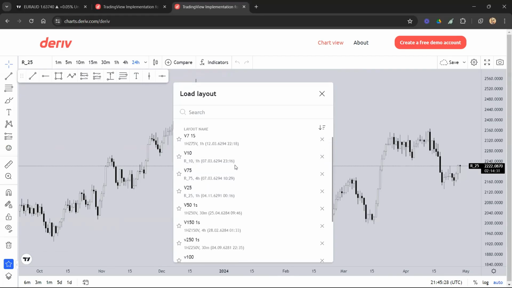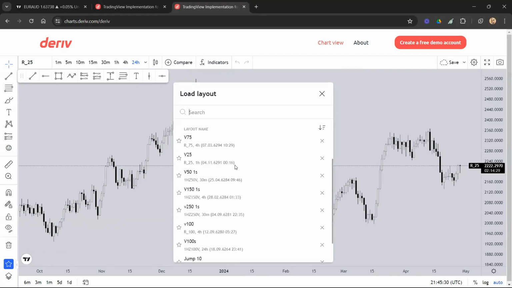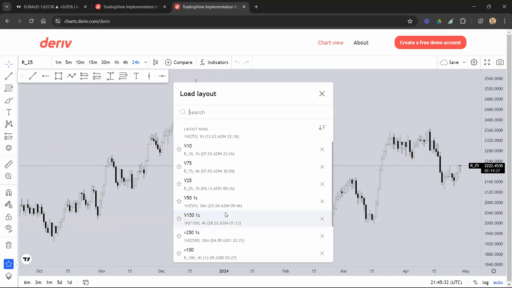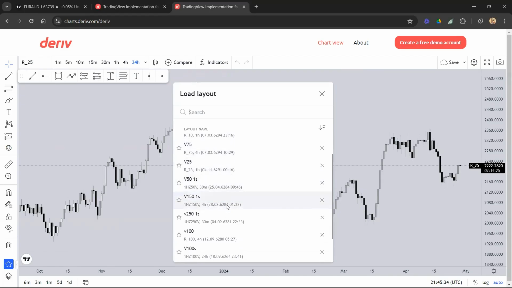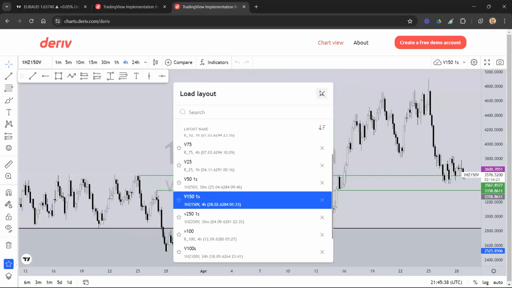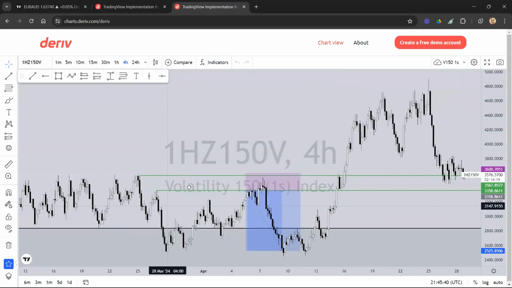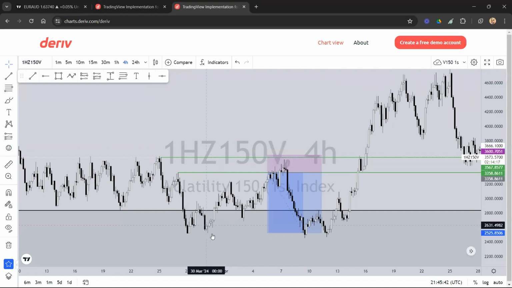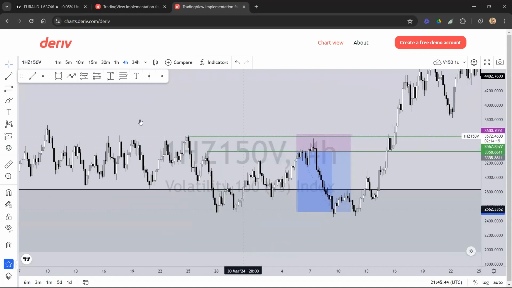Let's go to, let's see, V 151. There was a trade I took. Okay, look at this trade now. We had a high, right? It sold off.